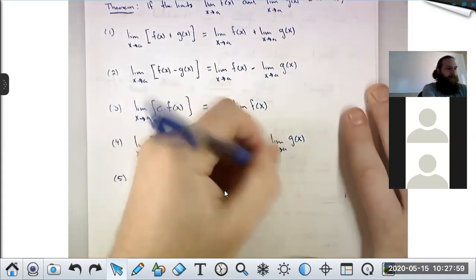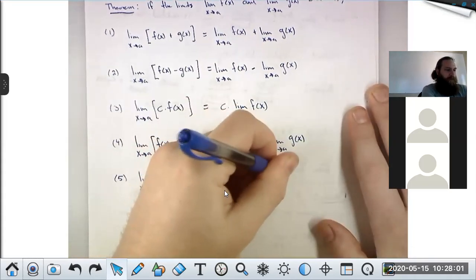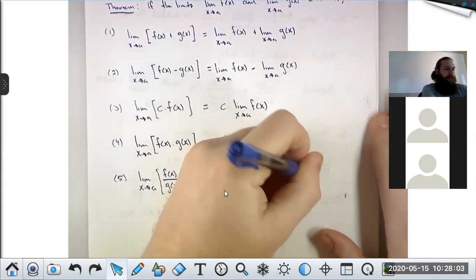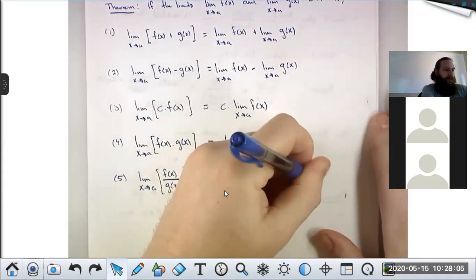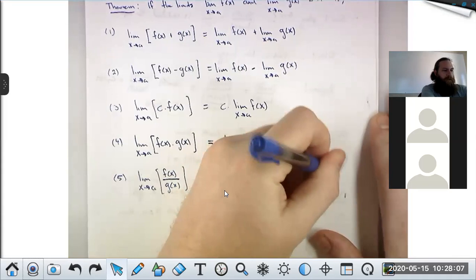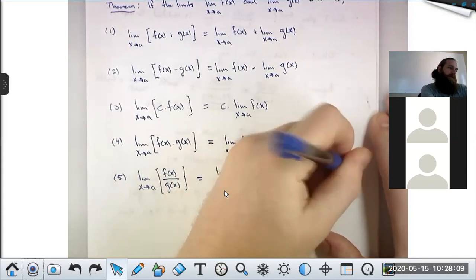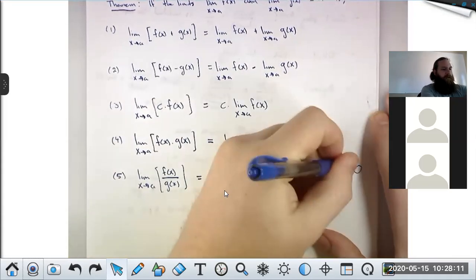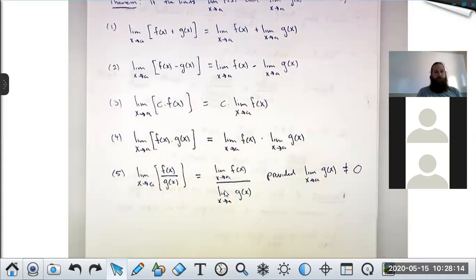And this one assumes that the limit downstairs, because it's downstairs, can't be 0, right? This has to be different from 0.